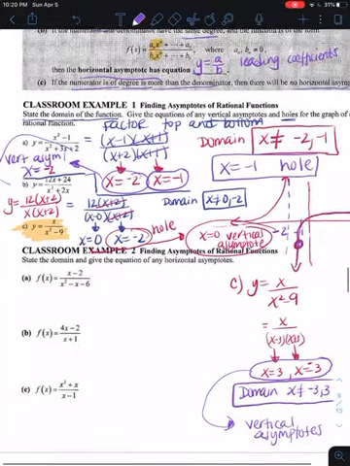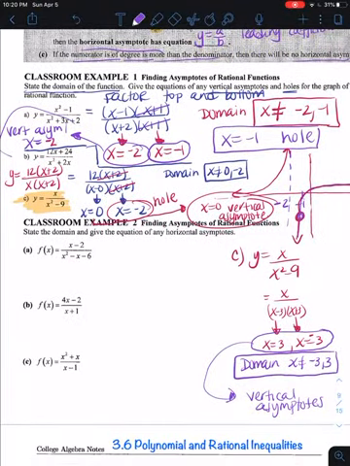So if you look at example 2, these are different rational functions than before, because it says state the domain and give the equation of any horizontal asymptotes. Since I'm only giving the horizontal asymptotes, I don't have to factor the top.